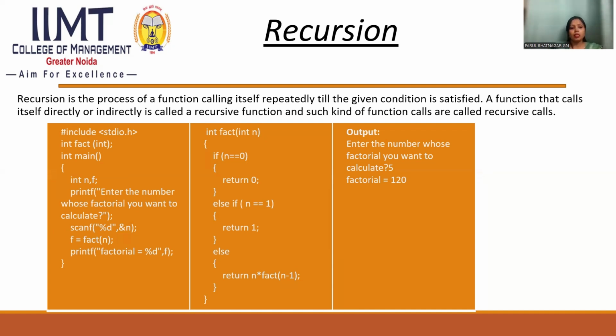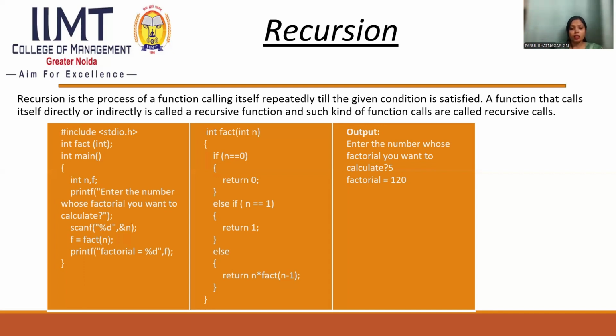We pass the integer value and the result is in the f variable. When we come to the body of the function, we declare the working of the fact function.